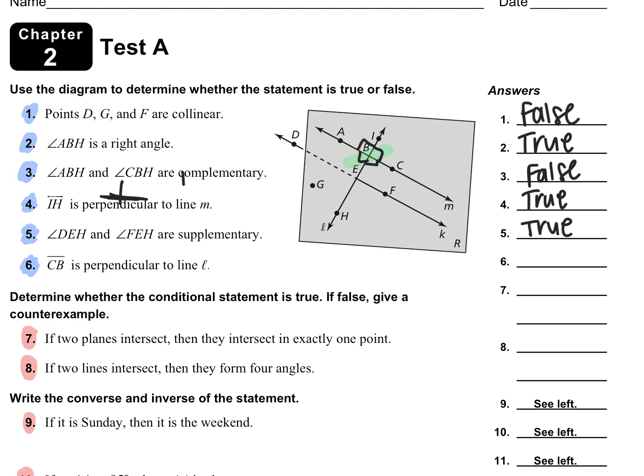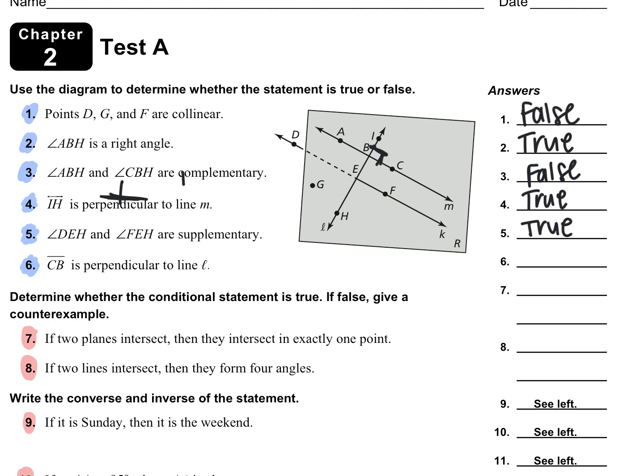And then the last one, CB, right here, is perpendicular to line L. Is that true or false? True or false, guys? CB is perpendicular to line L. This would not be false because they're showing me that it is 90 degrees.